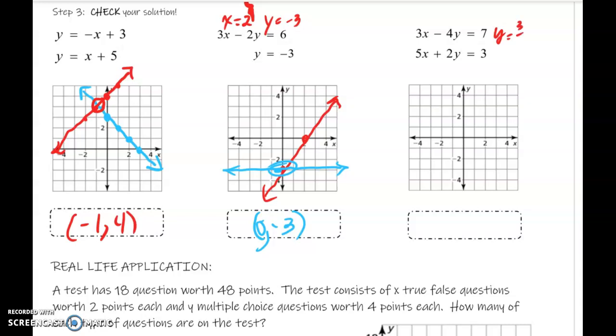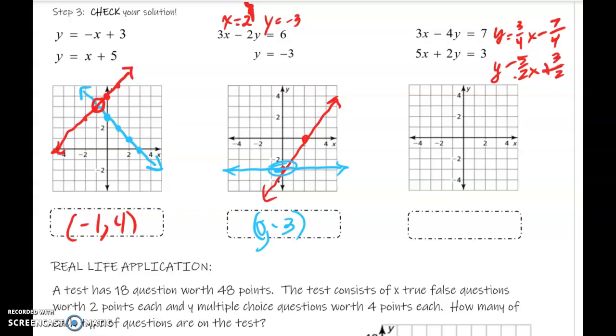So for the first one, y is 3/4. So you would subtract 3x and divide by -4. So 3/4 x minus 7/4. And for this one, y is equal to -5/2 x plus 3/2.